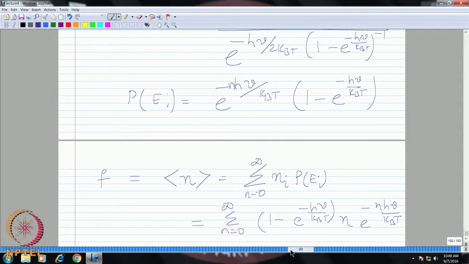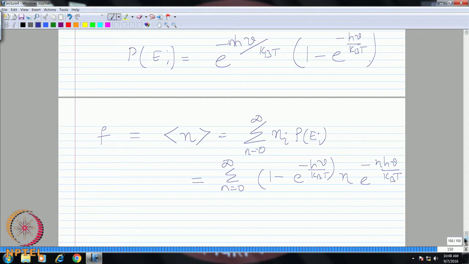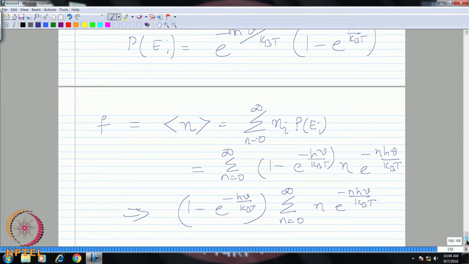So, this should be written as 1 minus e power minus h nu by k b t. We can take it out, again this is independent of n. You have n equal to 0 to infinity in the summation, and the summation is applied to this term right here. So, now we will just use a differentiation rule here.